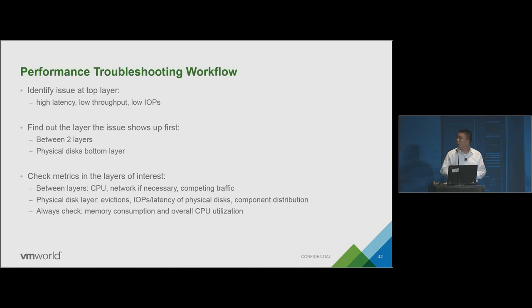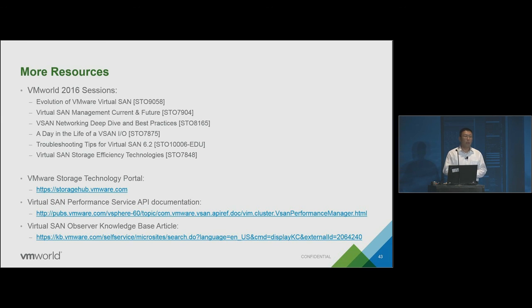If you want to know more about virtual SAN, right now here at VMworld, there are a number of exciting sessions going on. For example, there are sessions about the last 6.2 release new features and about the future of virtual SAN. Or you can know more about networking design and the sizing, or simply get more troubleshooting tips.